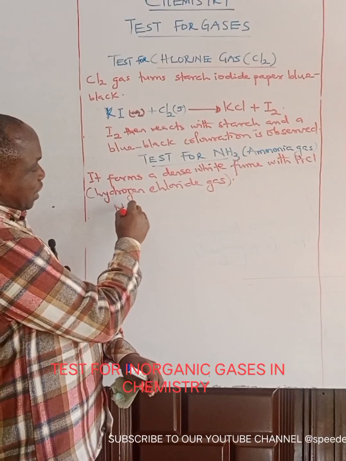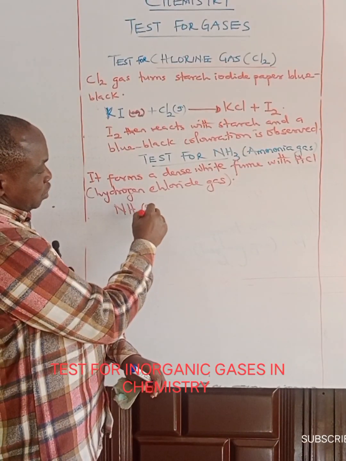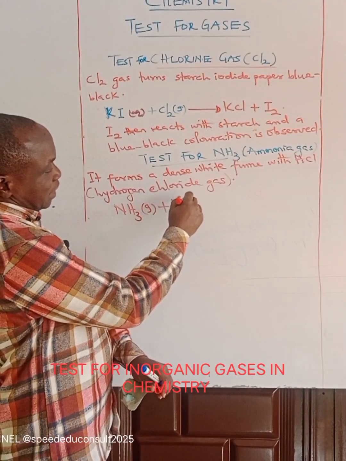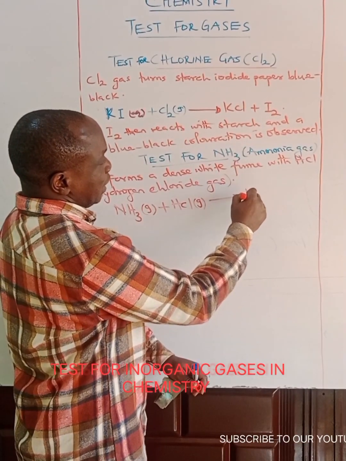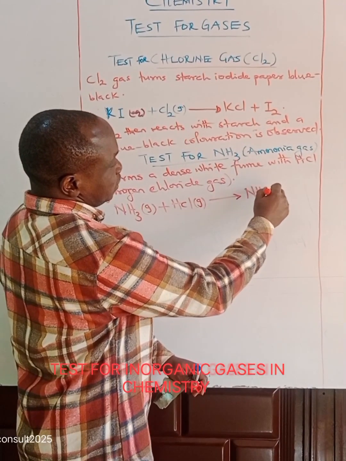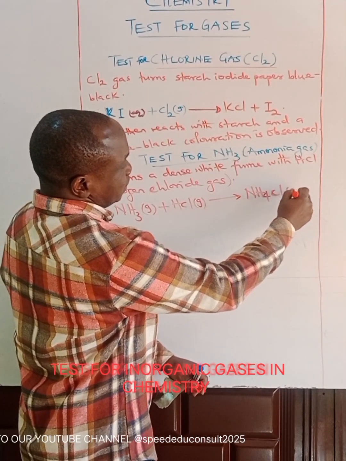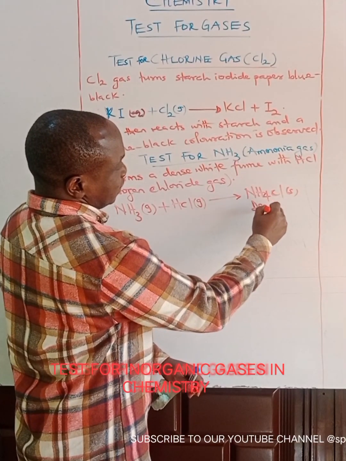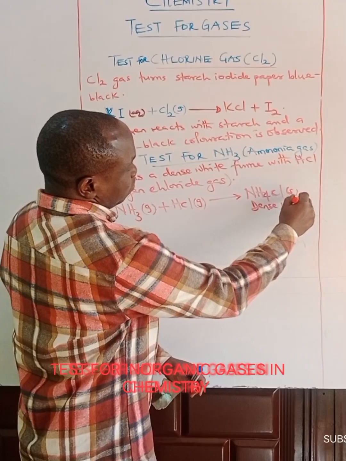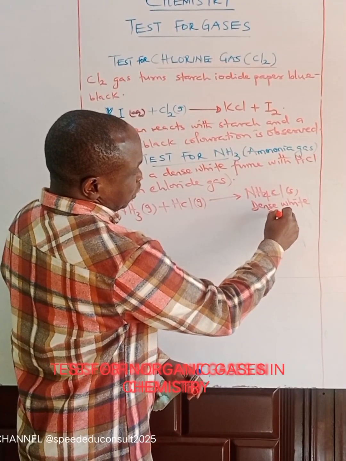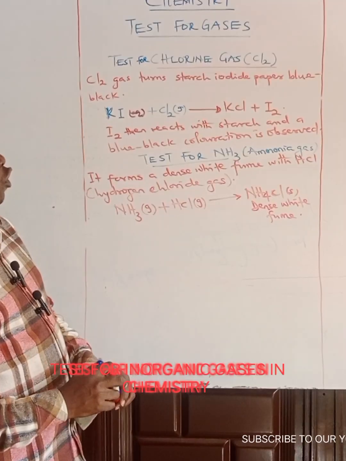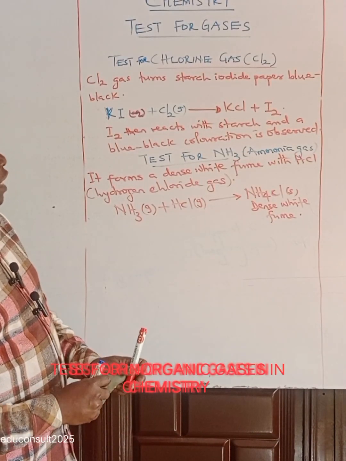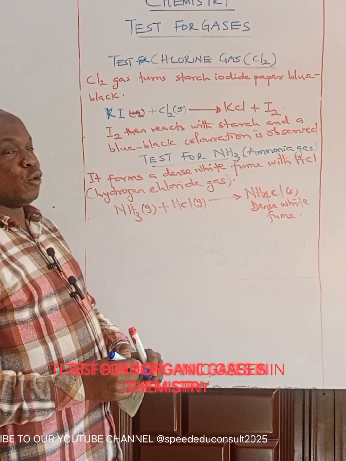So this is the chemistry of the reaction: ammonia gas plus HCl gas, hydrogen chloride gas, to form ammonium chloride, NH4Cl. This is a dense white film. Meaning the formula for that dense white film is ammonium chloride. This is the chemical test for ammonia gas.